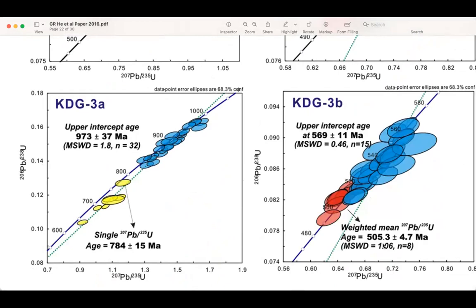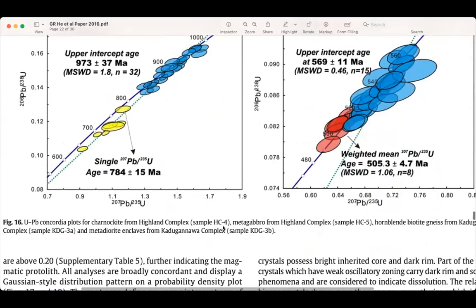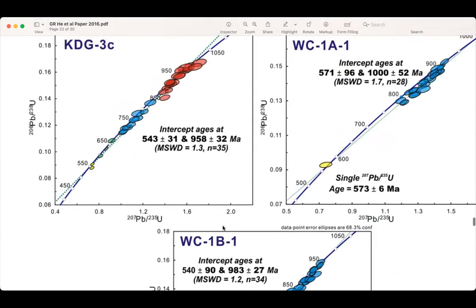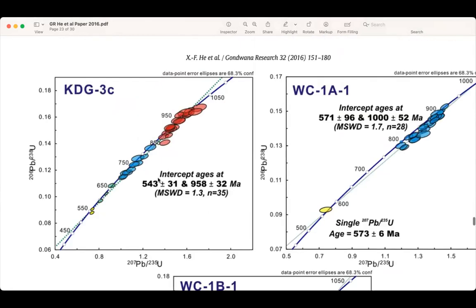So here also you can see similar Discordia lines. And only in this case you have both the intercepts, upper and lower. The upper intercept is 958 somewhere here, and the lower intercept is 543.